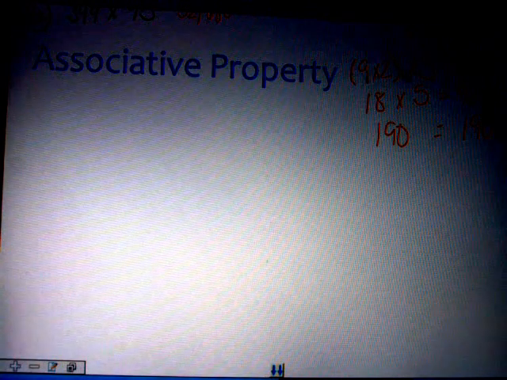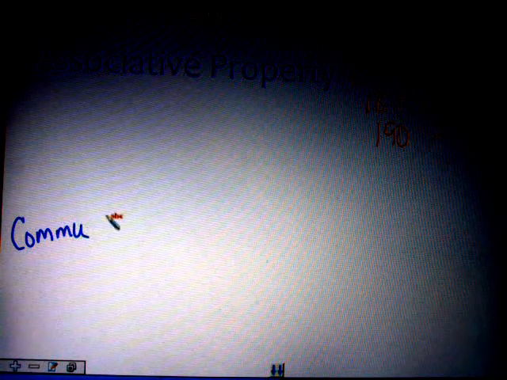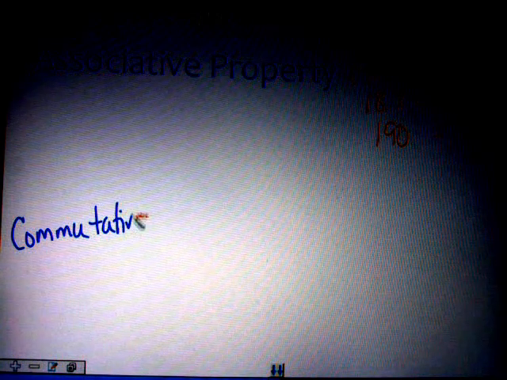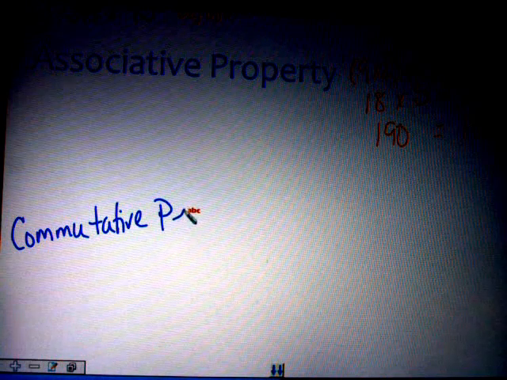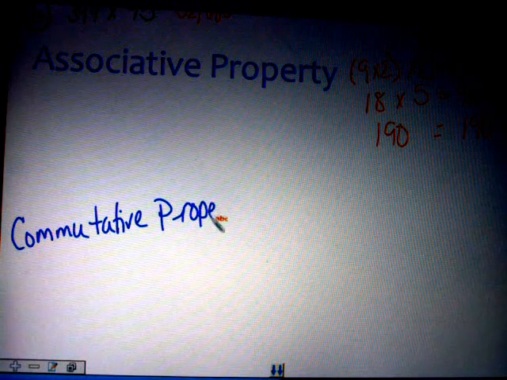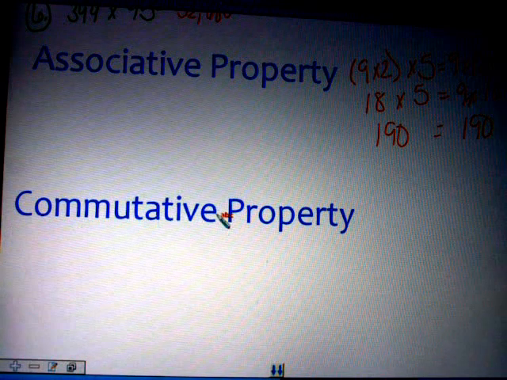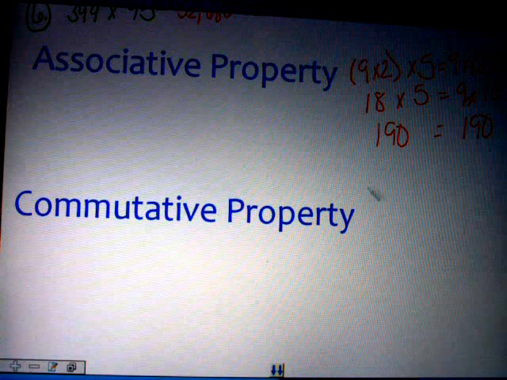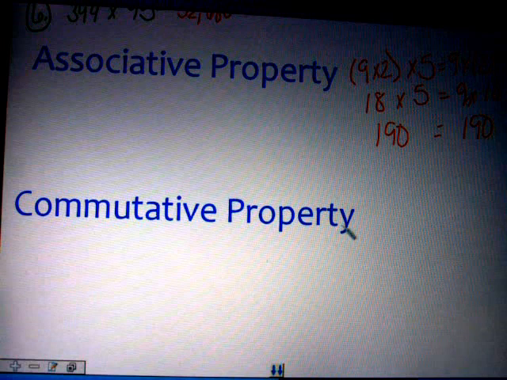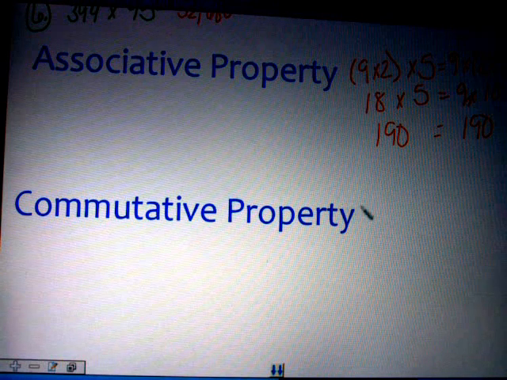Notice the associative property has to do with these grouping symbols, whether they be parentheses or brackets or fill in the blank. And then the next one we have is the commutative property. And the commutative property states that the order of the factors multiplied does not matter.